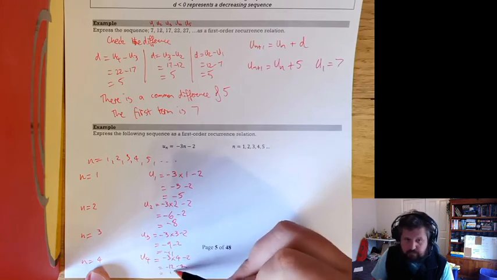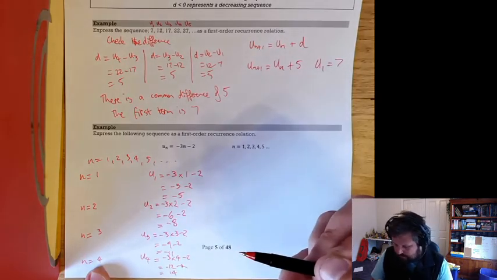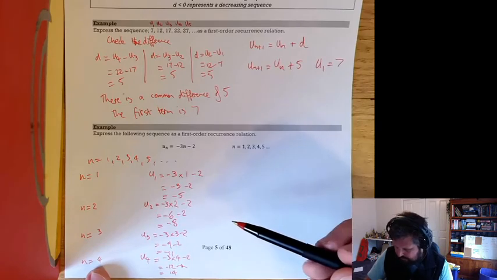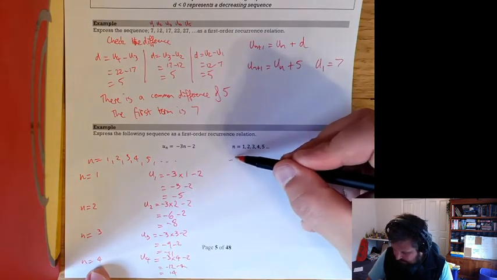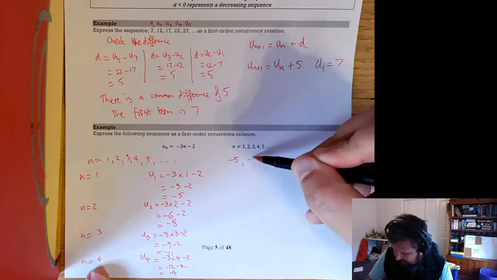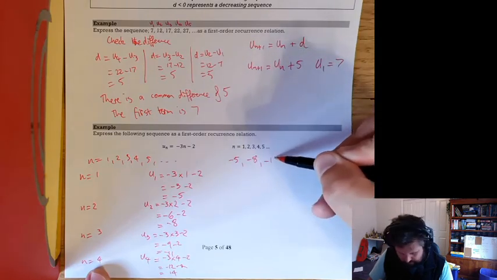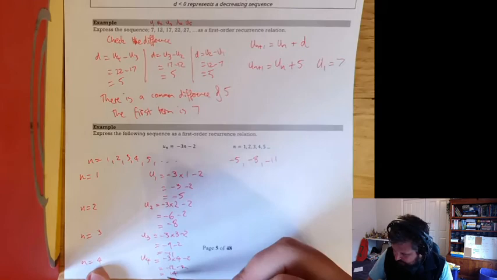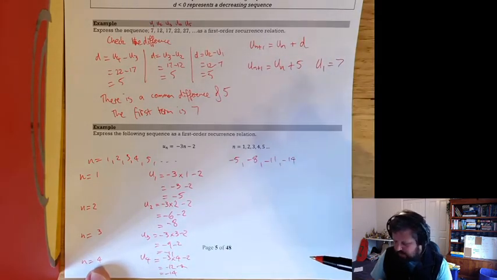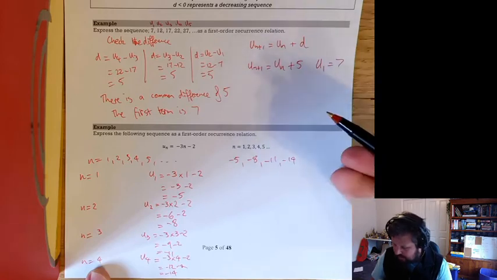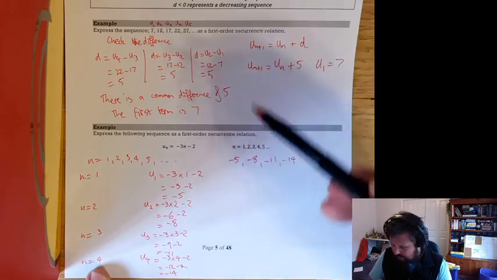Equals -14. Cool. So now that we've got the values, I'm just going to write what we had here. We had -5, we had -8, we had -11, and then, oops, sorry, this should be -14 in our sequence.